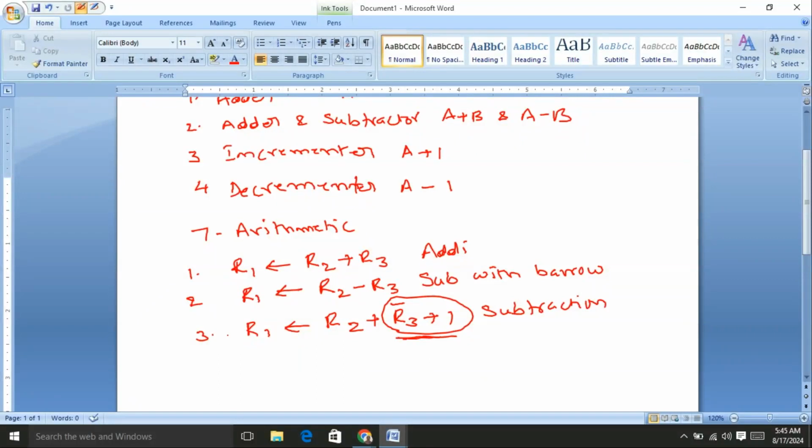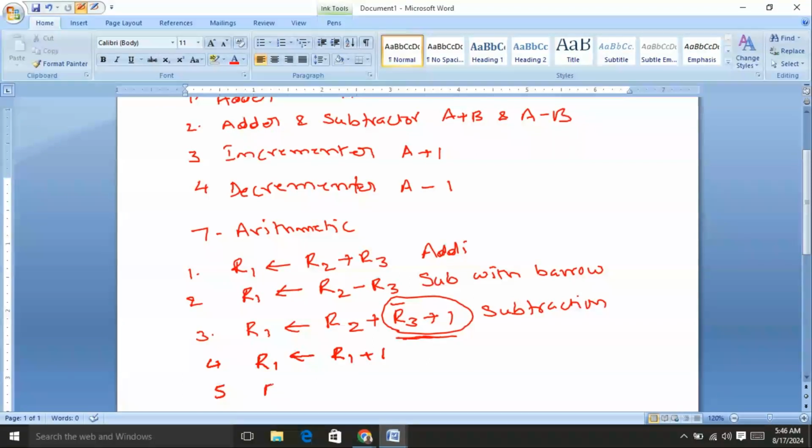The fourth operation is the increment. R1 replaced with R1 plus 1. That means we add 1 to the least significant bit of the content of R1 and the result is stored in R1. So the total value of R1 is increased by 1.